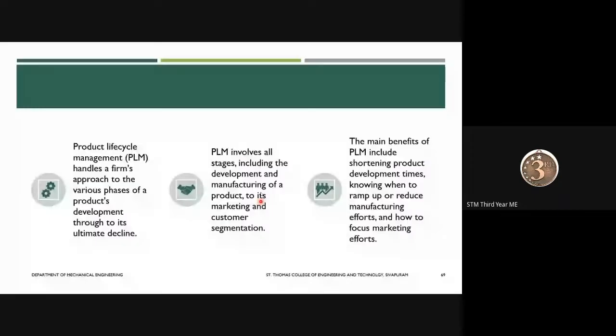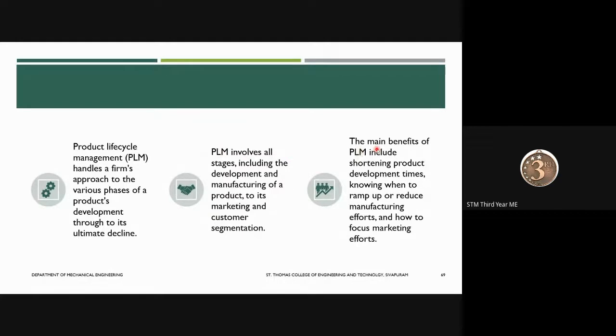PLM, product lifecycle management, involves all stages, including the development and manufacturing of the product to its marketing and customer segmentation. Each stage controls various aspects, and from the development of the product till the customer, it is being controlled by product life cycle management.